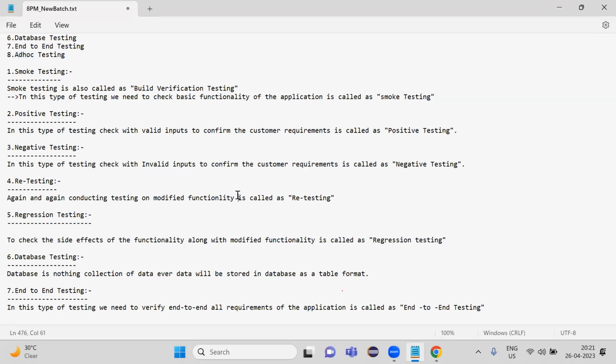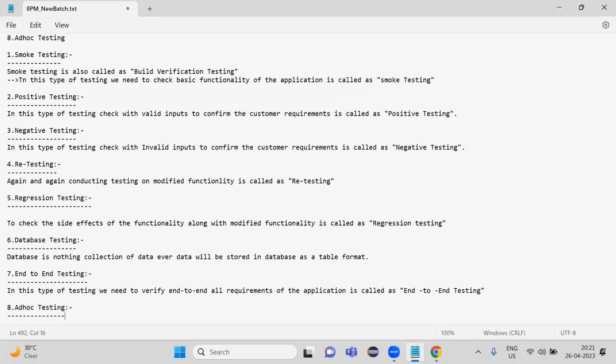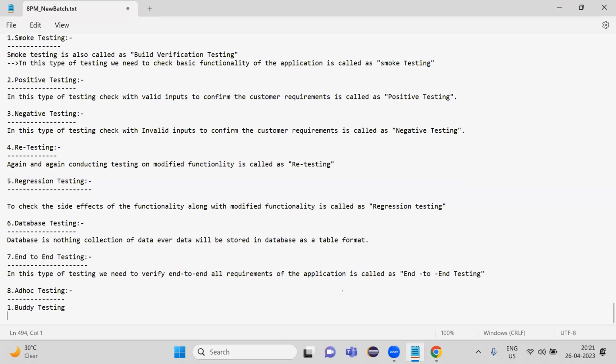What is the other one? Ad hoc testing. Coming to ad hoc testing, we have different types of testings. What are the different types? One is buddy testing. Second one is pair testing.